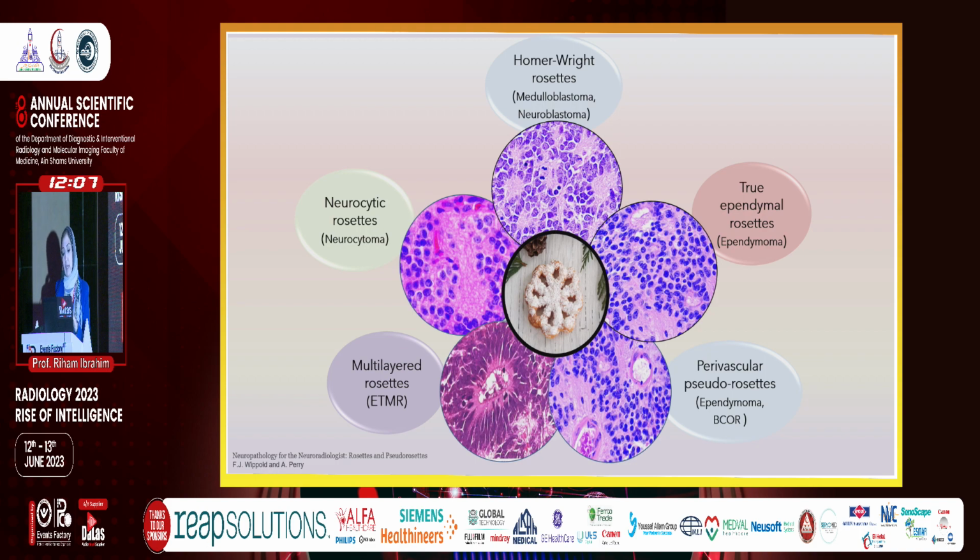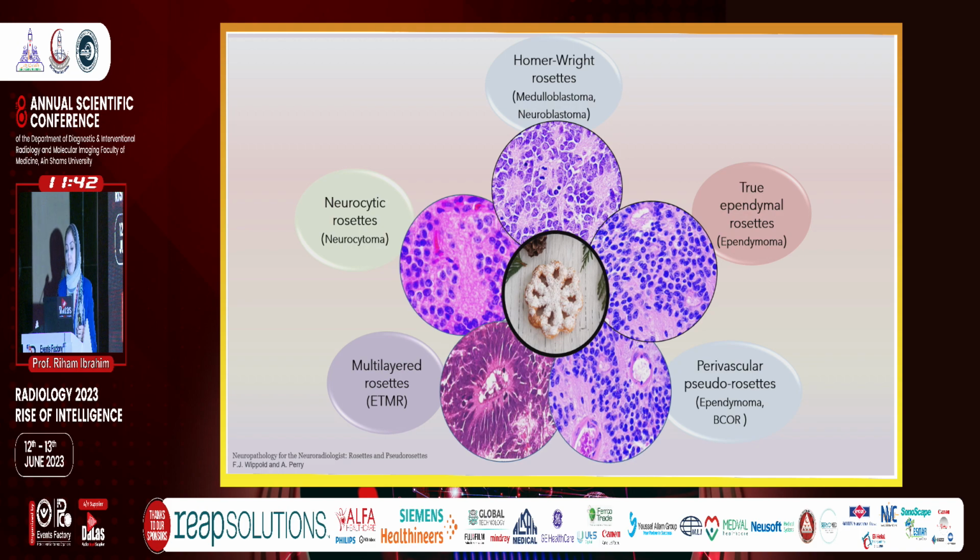Now I want to show you this nice slide. This is from a paper called Neuropathology for the Neuroradiologist. It's only talking about rosettes and the types of rosettes. So we have different types. We have the Homer Wright rosette. Maybe they look the same to you, but they are really different when we look closely. This is the Homer Wright rosette with arrangement of cells around a confined central neuropil area.